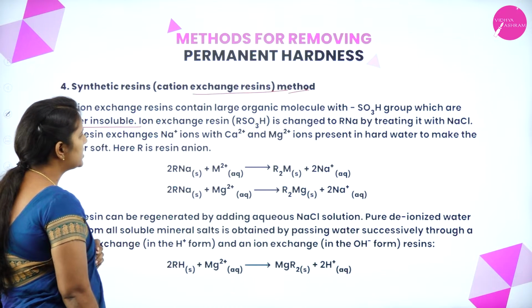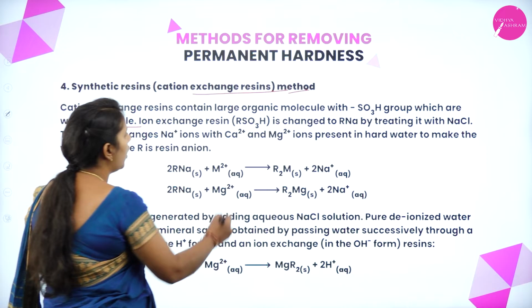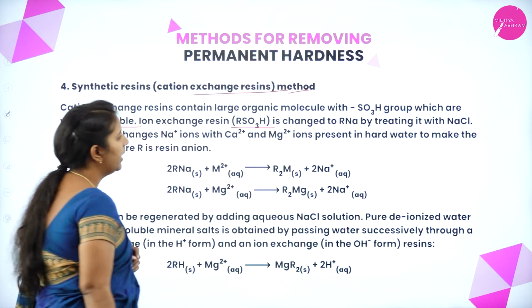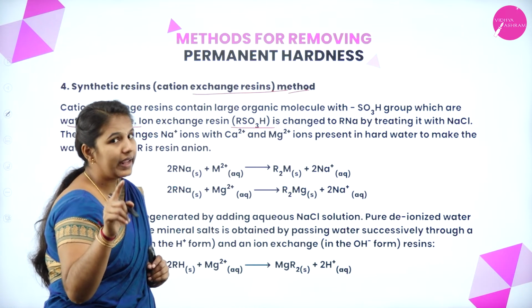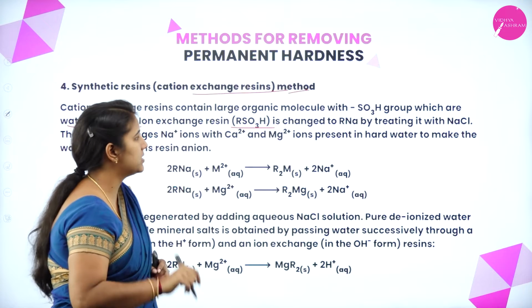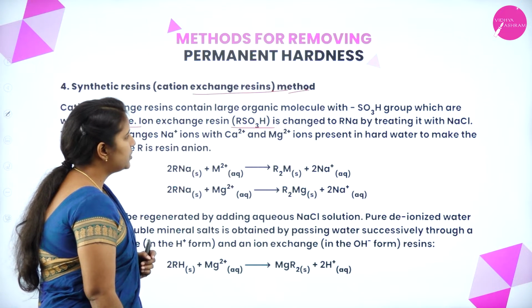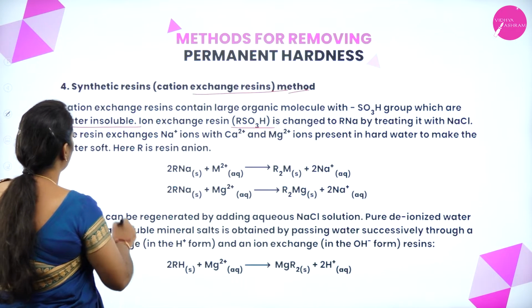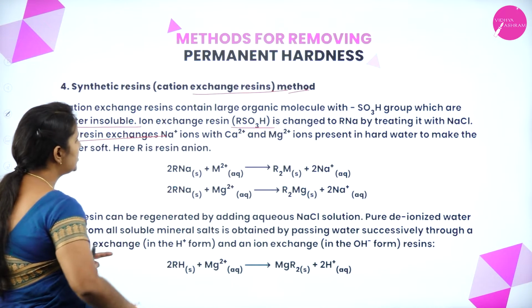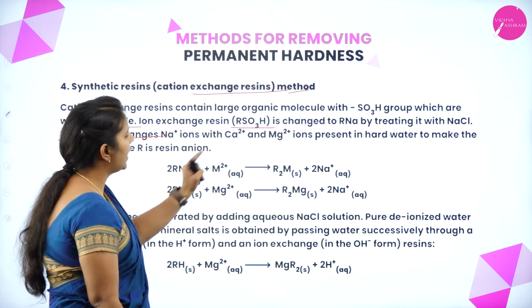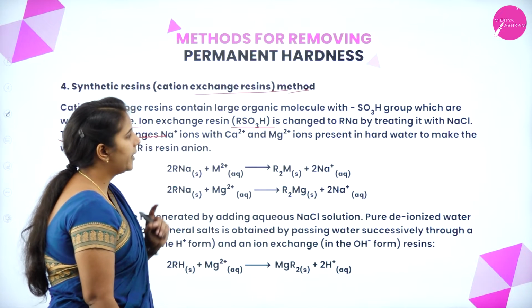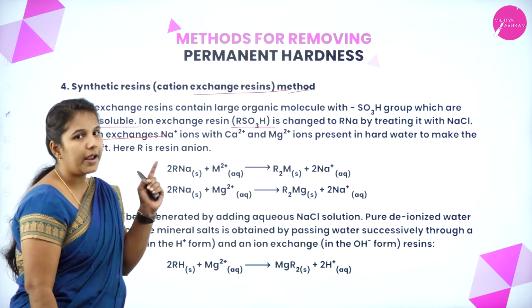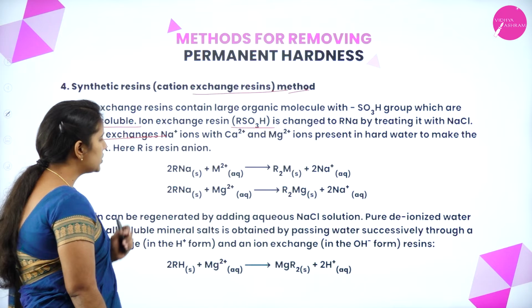The ion exchange resin consists of RSO3H group, which is a cationic exchange resin, which is changed to RNa by treating with sodium chloride, and the resin exchanges a sodium ion for the calcium and magnesium ions present in hard water and makes the water behave like soft water.